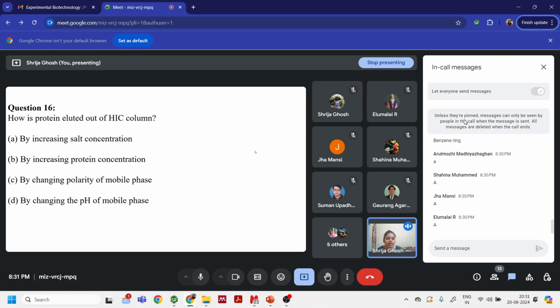Why do you think that is the correct answer? Any one of you? If I get to know the reason, then I can explain better if that is the correct answer or not. Can anyone tell me why they are answering option A?